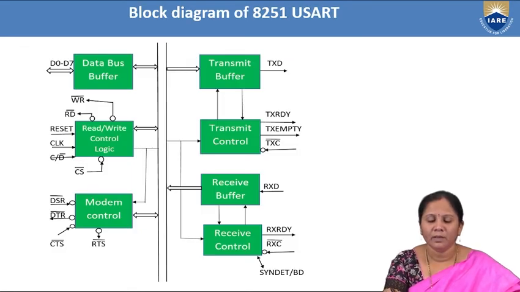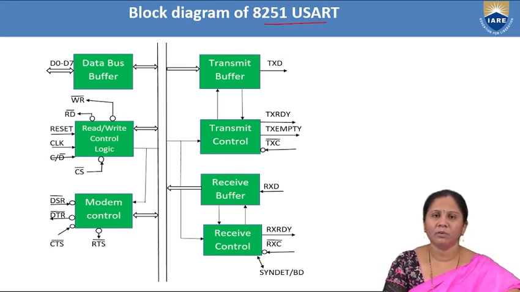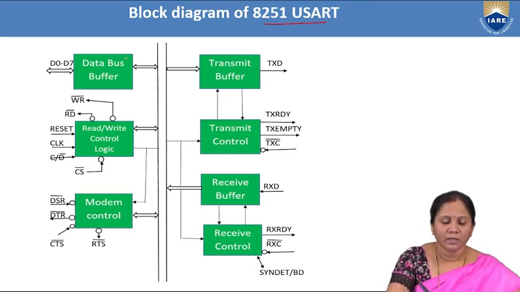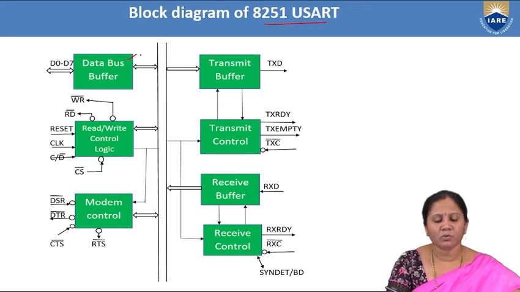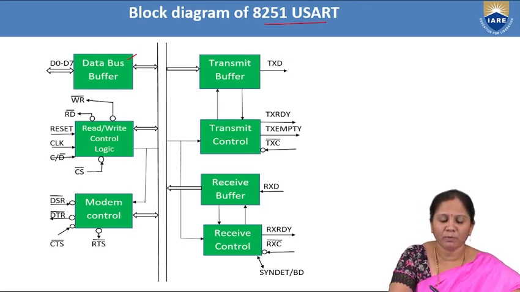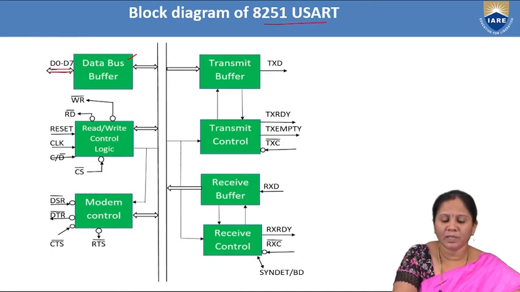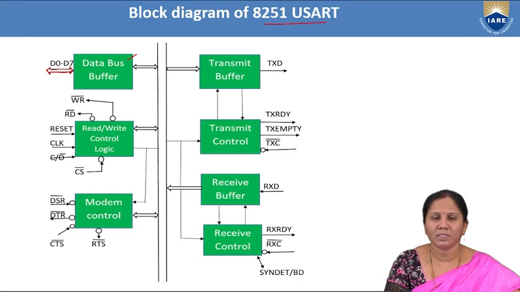Next, coming to the block diagram of 8251. This is the block diagram, and it consists of 5 sections. One section is called the data bus buffer. To this block there is a bidirectional data bus D0 to D7, that is 8 data lines.